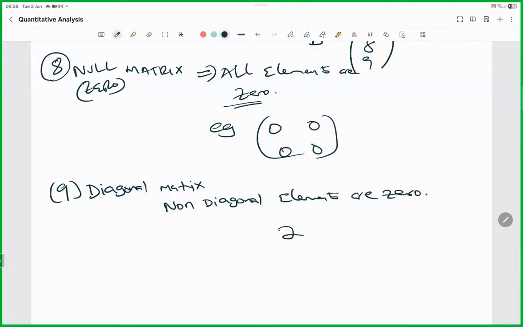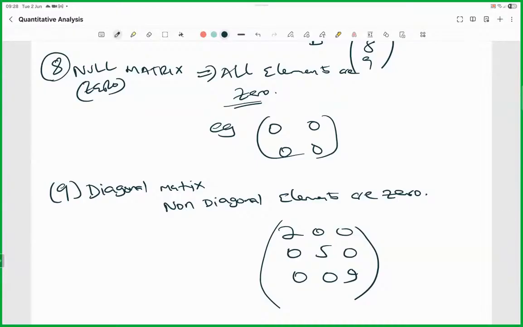For example, if you have 2, 0, 0, then 0, 5, 0, then 0, 0, 9. This one cannot be a scalar, because for a scalar it's 2, 2, 2, 2. These are different, but you can see the non-diagonal elements, all of them are 0. It will be very important for you to appreciate that.